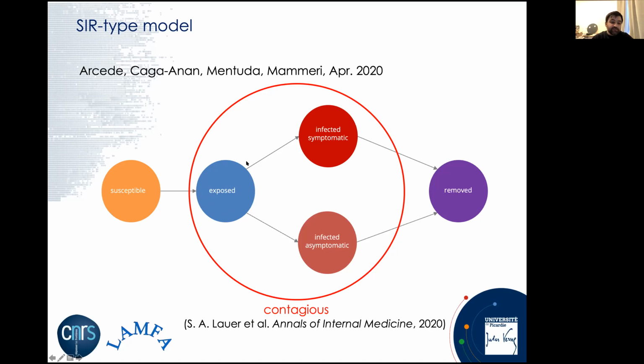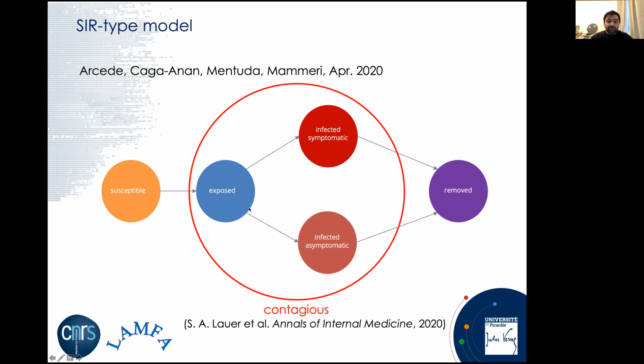In this paper, we also give a value for the duration: around 5 days for this one, and around 7 days for this one. So in a sense, we were quite happy to see that what we proposed was a good one.